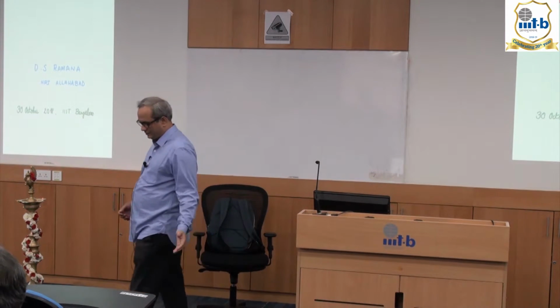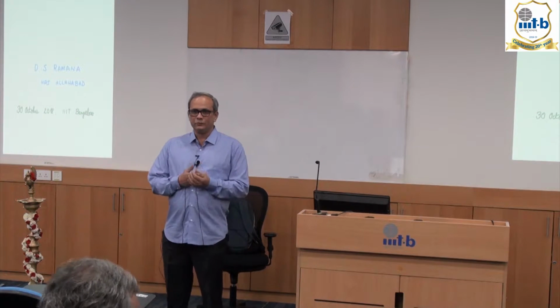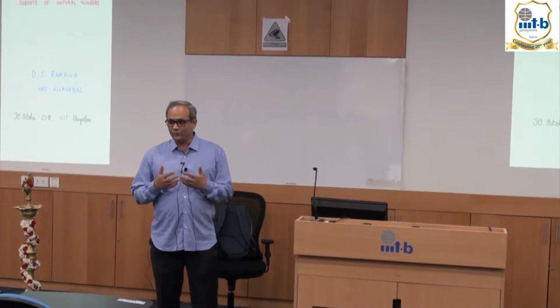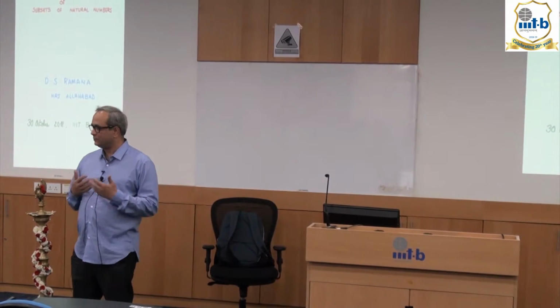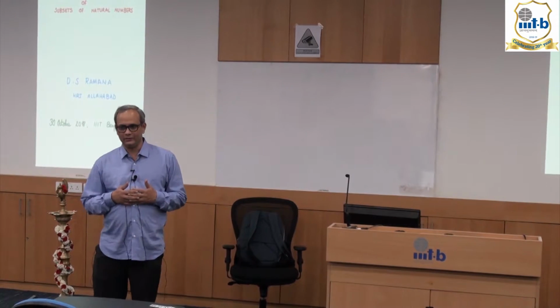Well, as the student who introduced me said very kindly, I am interested in combinatorial and analytic number theory. Analytic number theory is the use of analysis in studying questions about numbers. It seems a little far-fetched sometimes that you can answer questions about the integers using things that develop from calculus.